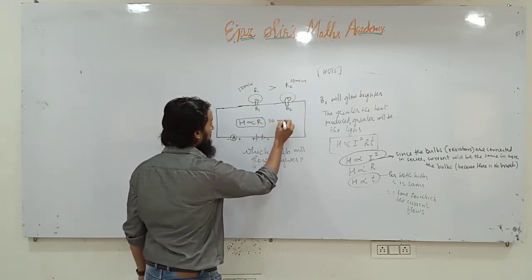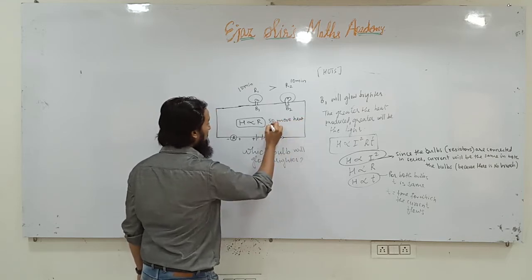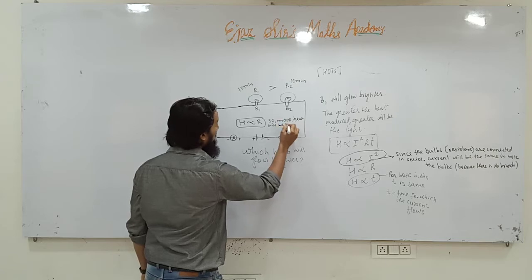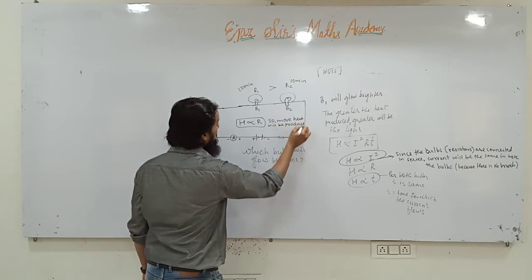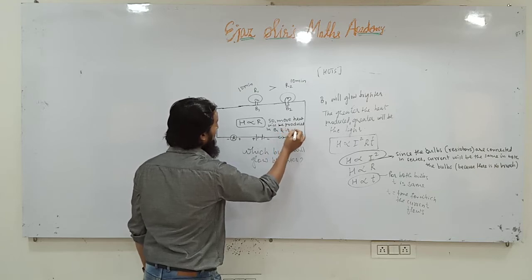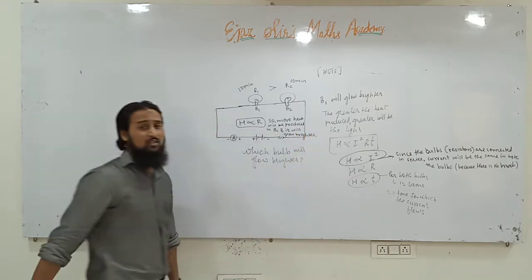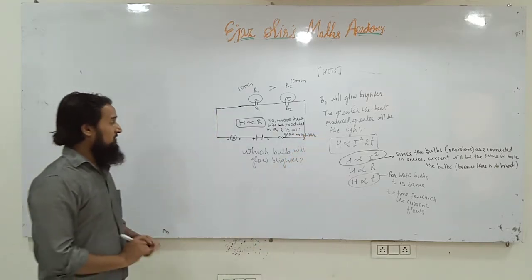So more heat will be produced in B1 and it will glow brighter. Understood? This is the correct answer.